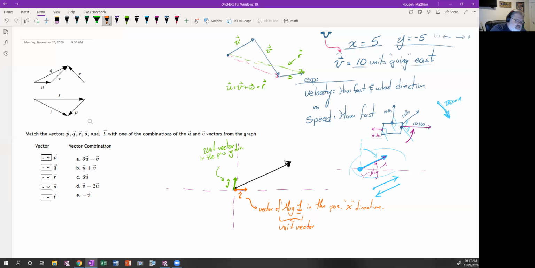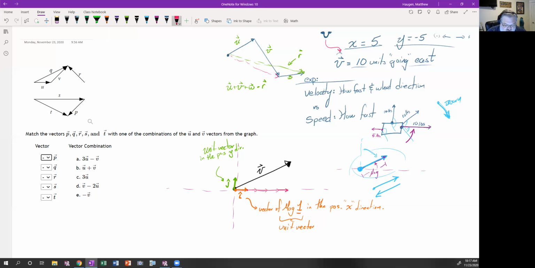Now, why do we define these two special vectors? Well, as soon as we have these two special vectors defined, we can define any other vector in terms of i and j. So if we want to take this black vector v and have a way of describing it that we can use our algebra tools, our nice numeric tools on, we can define it by looking at how many i's it takes to make that vector.